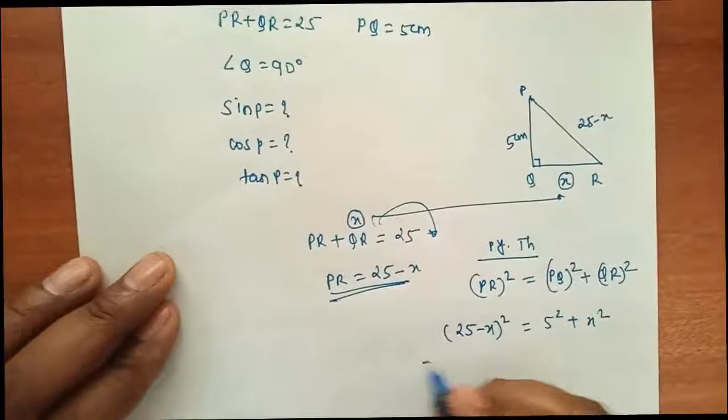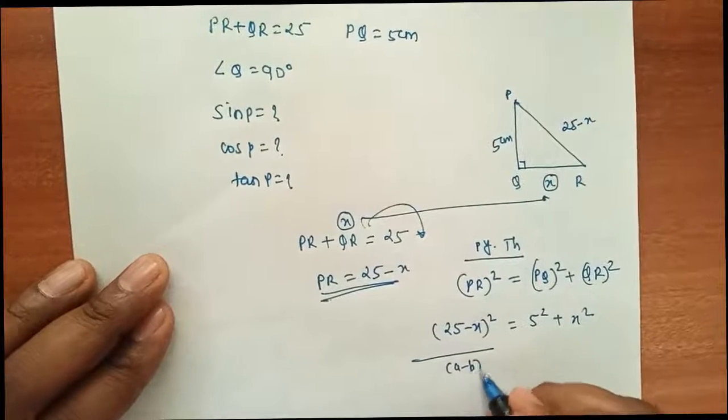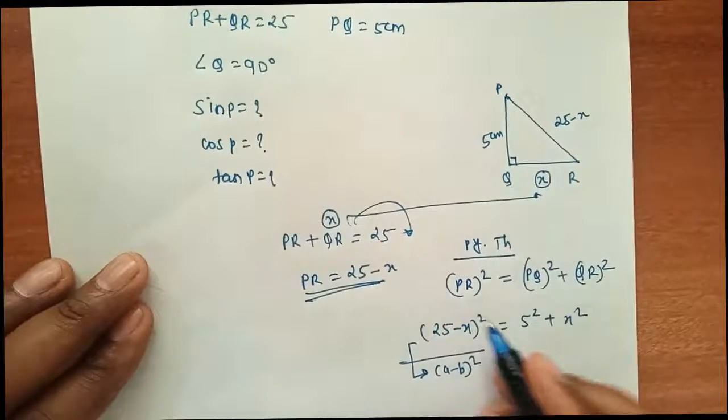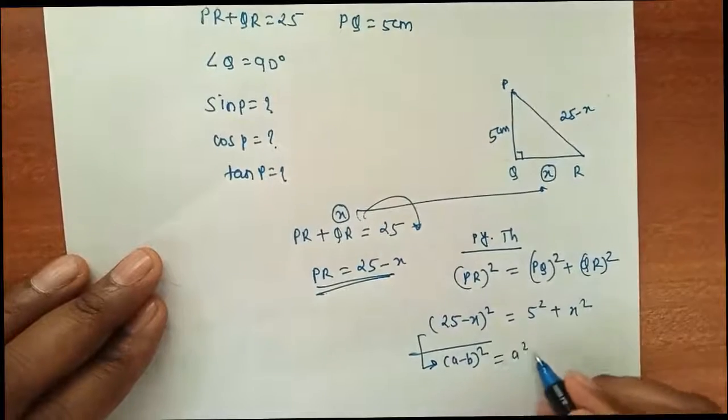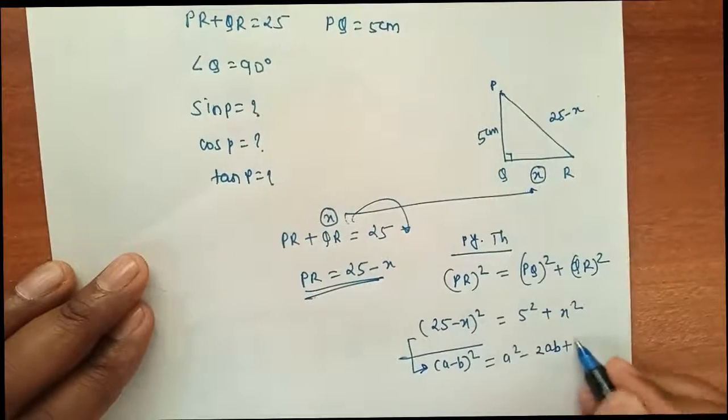Now I will use the (A minus B) whole square formula, which is A square minus 2AB plus B square.